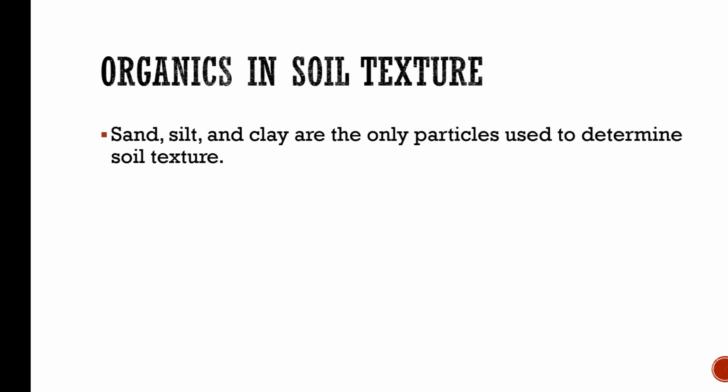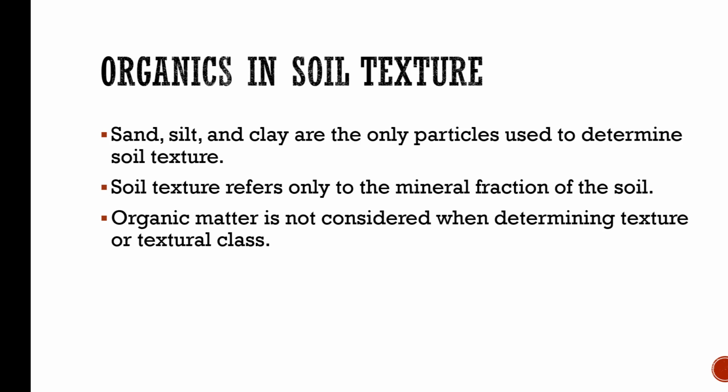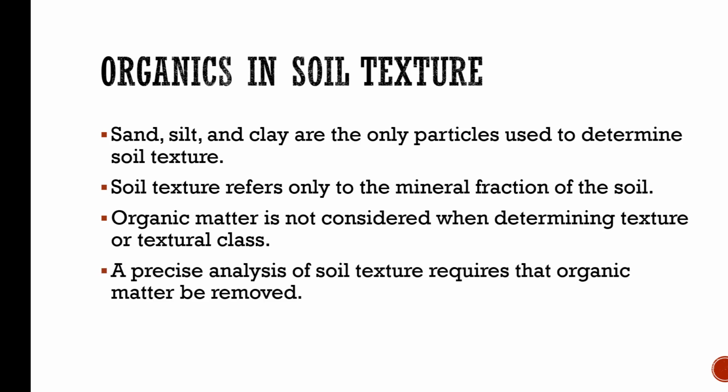So when you're talking about soil texture, only sand, silt, and clay are used to determine it. It's only the mineral fraction of the soil. Organic matter is not considered when determining texture or textural class. And if you're really going to do a precise analysis of soil texture, you need to remove the organic matter, and this is usually burned off.